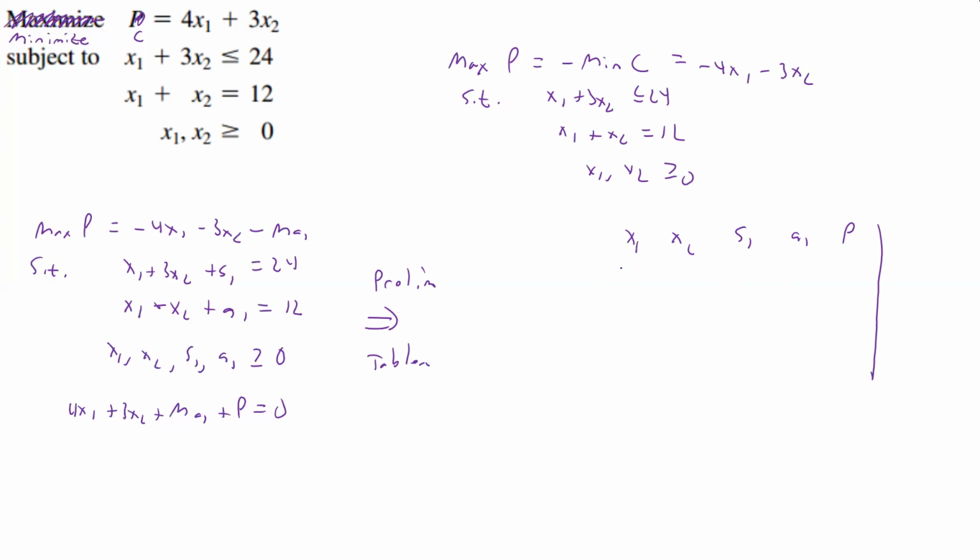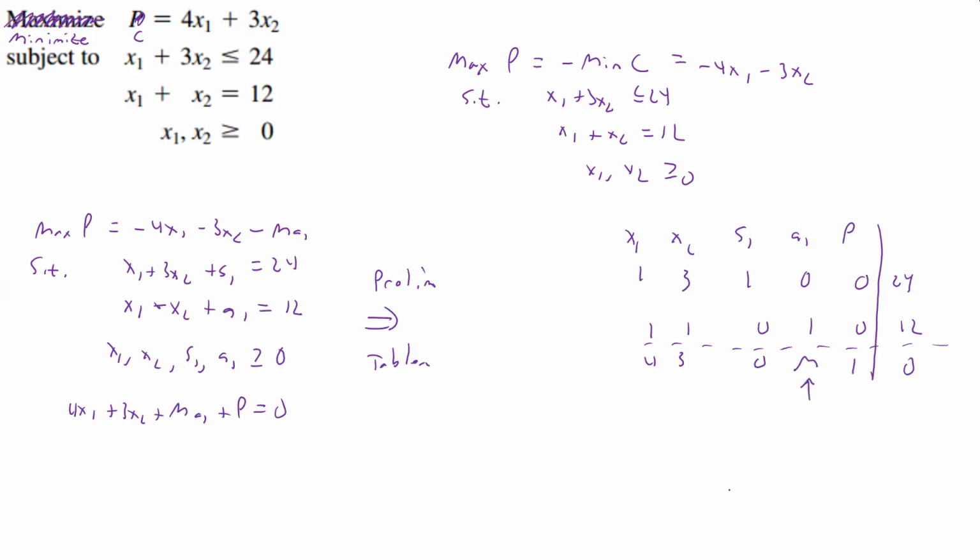So we're going to have to do some row operations before we actually put our variables there. So this is going to be 1, 3, 1, 0, 0, 24. This is going to be 1, 1, 0, 1, 0, and 12. And this is going to be 4, 3, 0, M, and 1, and 0.